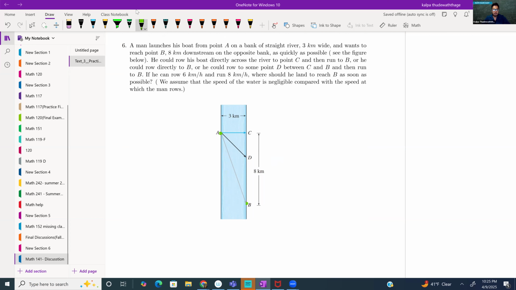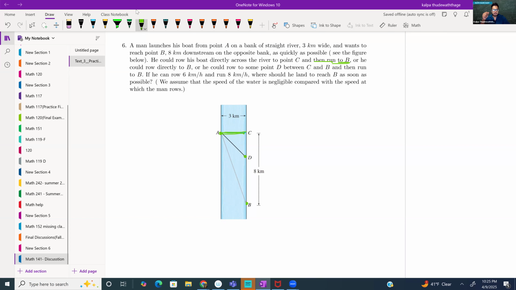He could row his boat directly across the river to point C, like here, and run to point B. Or he could row directly to point B, or he could row to some point D and then run. So the question asks you to find out what is the best option.